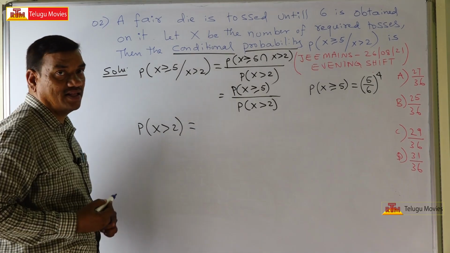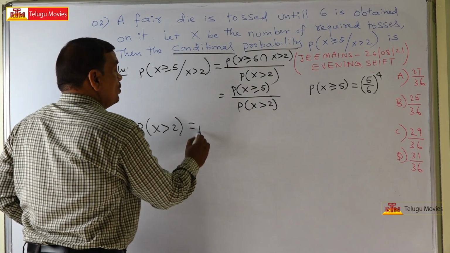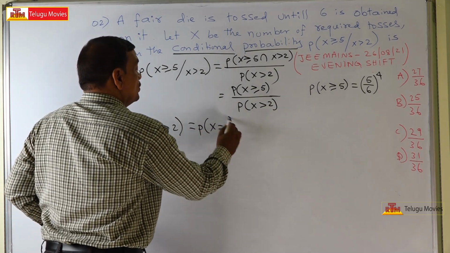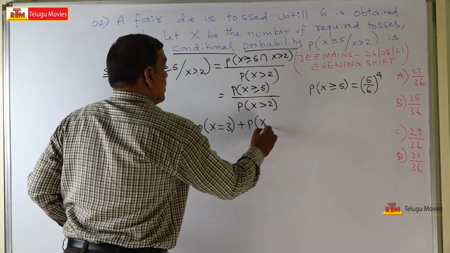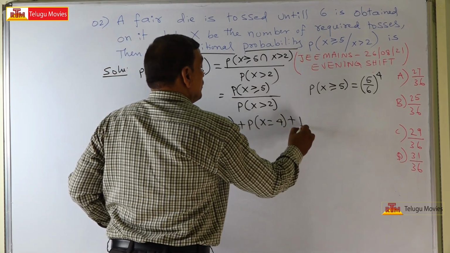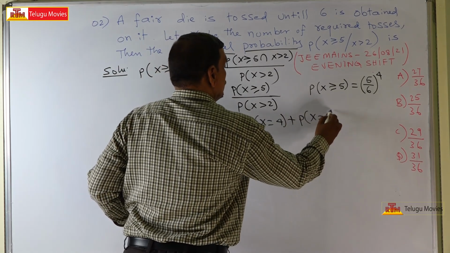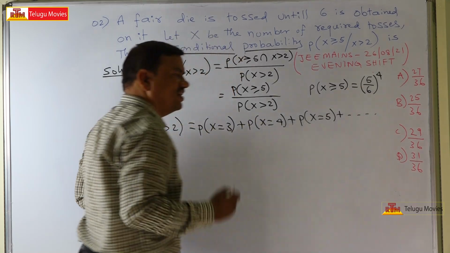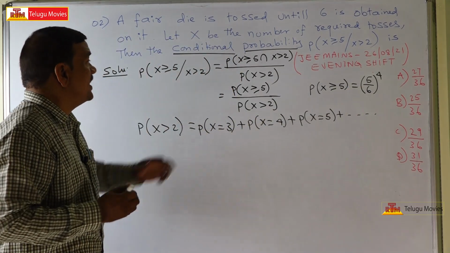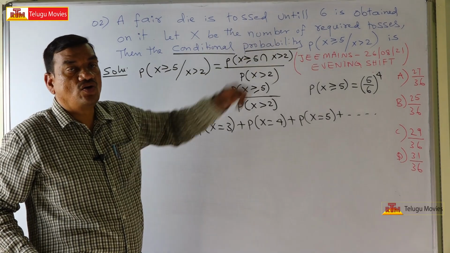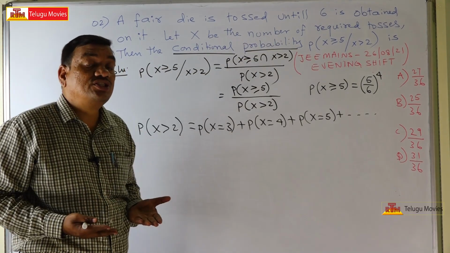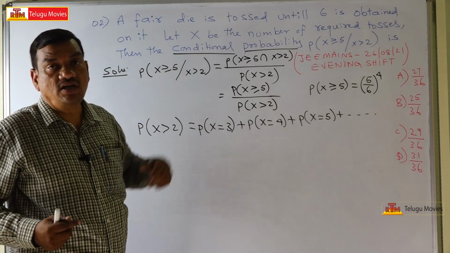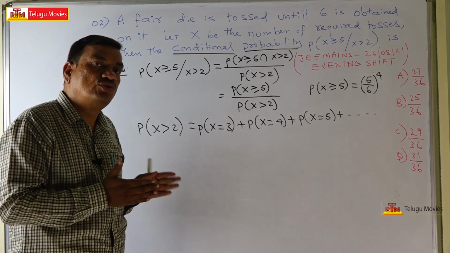X is strictly greater than 2, which is probability of x is equal to 3 plus probability of x is equal to 4 plus probability of x is equal to 5 plus so on. Here x means the number of required tosses. Here 3 tosses are required to obtain the number 6, which means the first 2 tosses failed.